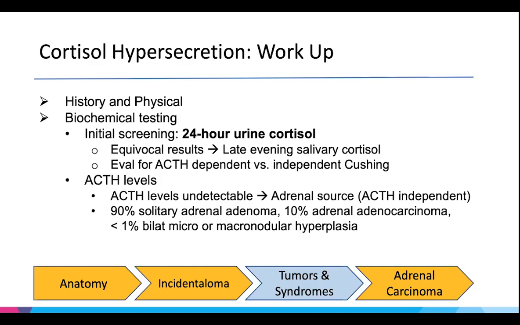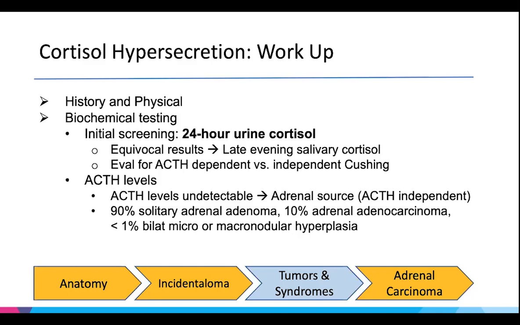You also want to consider evaluating for ACTH-dependent versus independent Cushing's. When ACTH levels are undetectable, this points to an adrenal source because it's ACTH independent, acting directly from the adrenal gland itself, rather than a pituitary tumor or ectopic ACTH source acting on the adrenal gland and causing the hypersecretion.